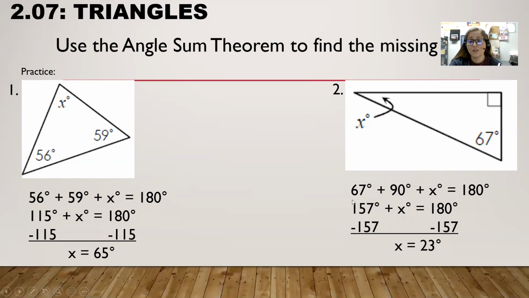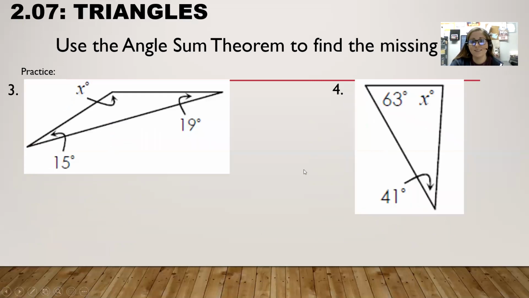If we combine like terms, 67 plus 90 will give us 157 degrees plus x is equal to 180. And then we subtract 157 from both sides and we get this missing angle of 23 degrees.